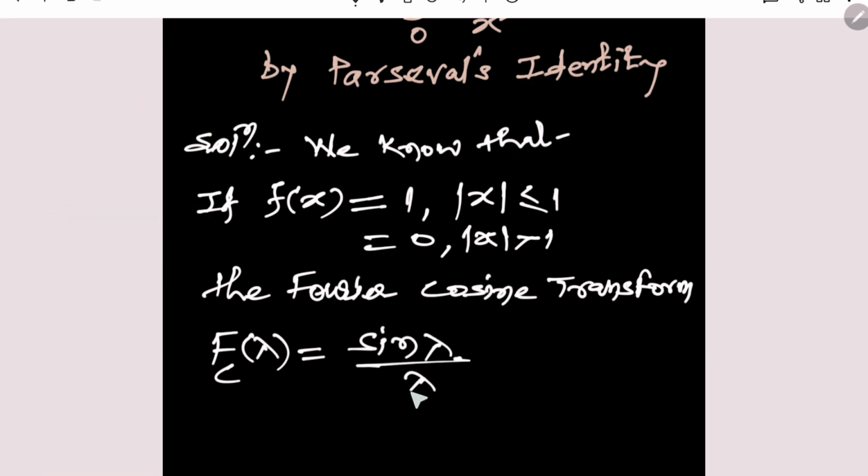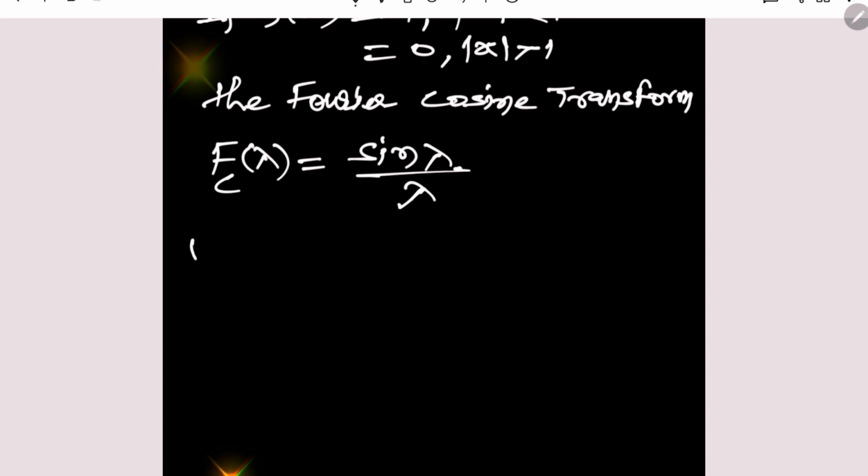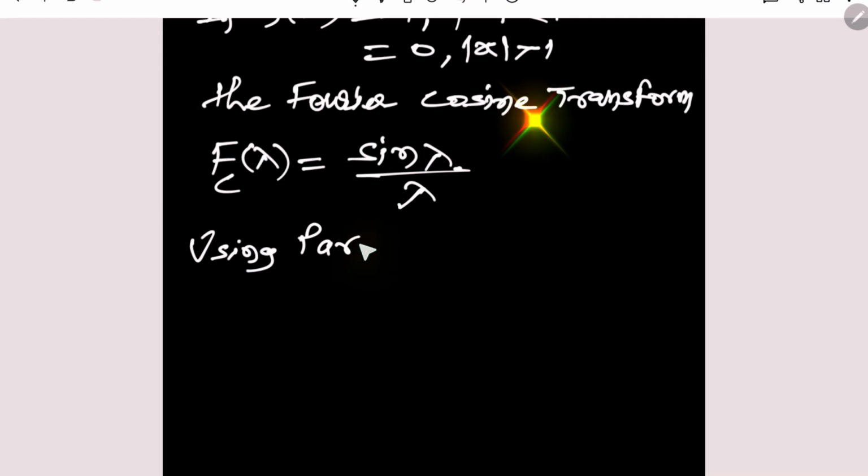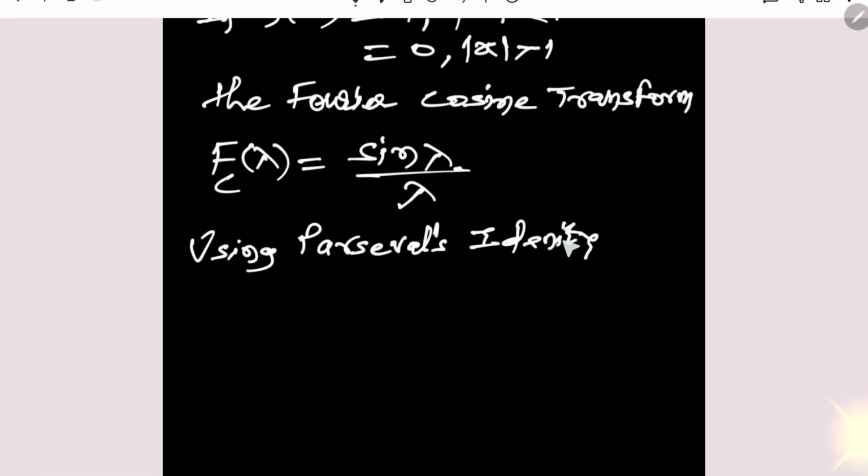Do it yourself, how to get this Fourier cosine transform, by watching my videos on the cosine transform, and then using Parseval's identity for that Fourier cosine transform.